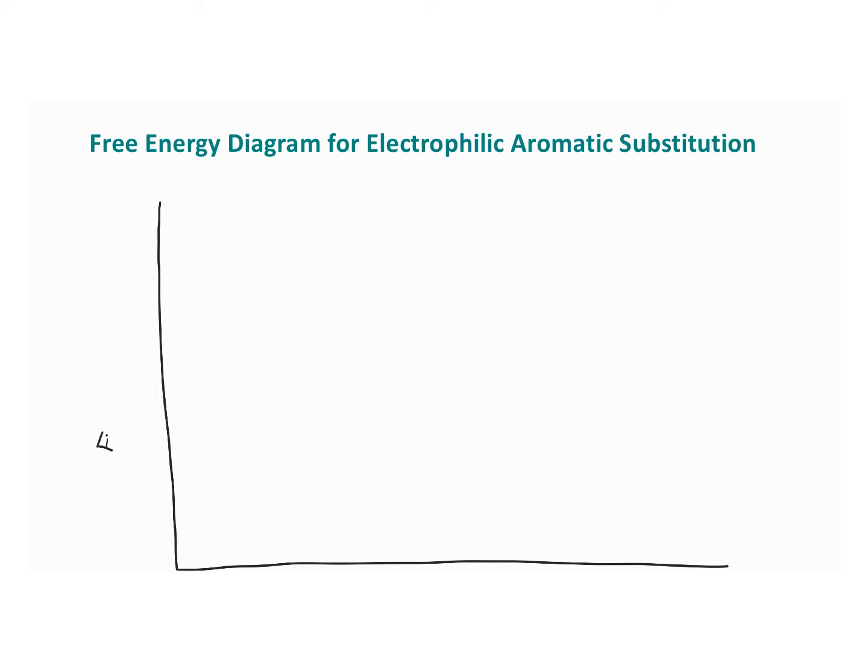Okay, so we come here to the free energy diagram, right? And this is the reaction coordinate here. And right here at this level, we're going to have our benzene ring and the electrophile.